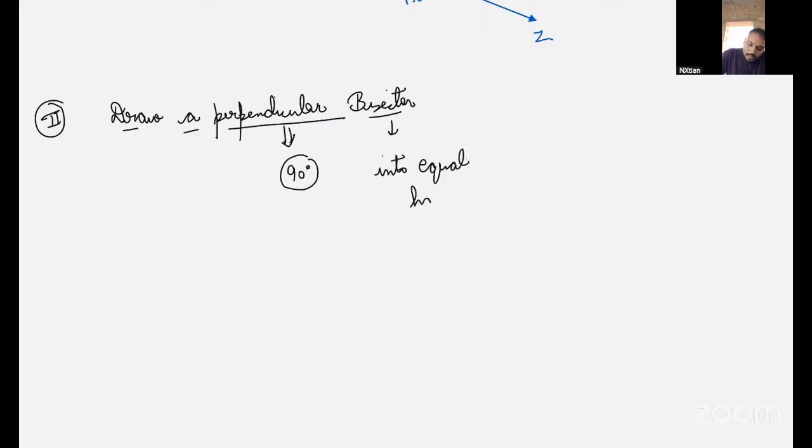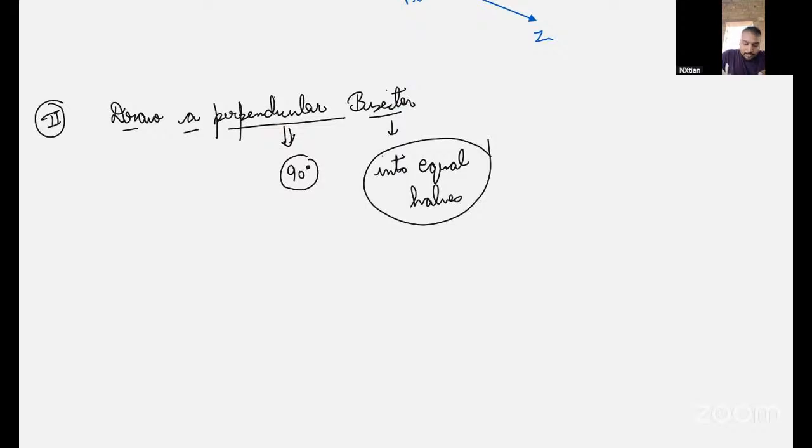Perpendicular means 90 degree, and bisector means into equal halves. When we divide a line into equal halves at 90 degree, it is called a perpendicular bisector.